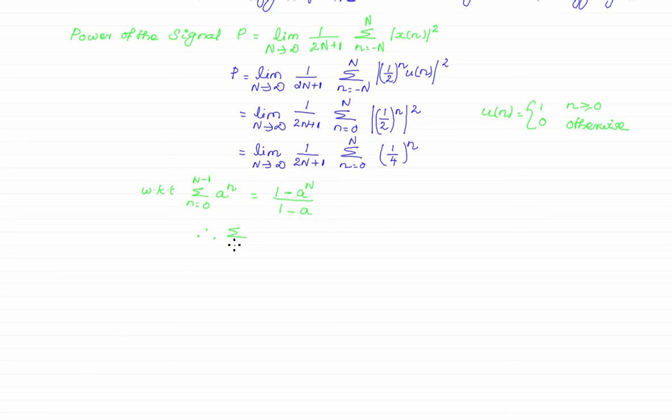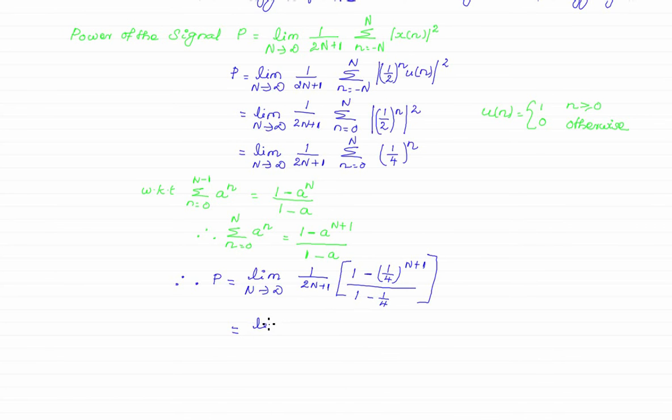In this problem, we have the summation from n equal to 0 to n instead of 0 to n minus 1. So, the series can be written as summation n equal to 0 to n of a power n, which is equal to (1 minus a power n plus 1) by (1 minus a). So, in the power of the signal, summation n equal to 0 to n of 1 by 4 power n is rewritten as (1 minus (1/4) the whole power n plus 1) divided by (1 minus 1 by 4).